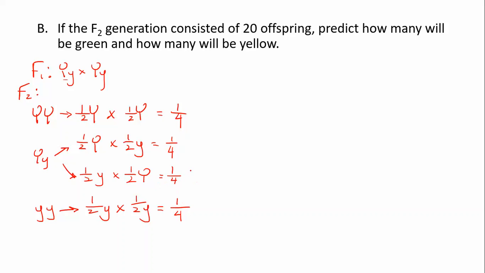Okay? Now, the probability of getting heterozygous, either way, is basically the sum of both of those. So 1/4 plus 1/4 is 2/4. And I'm not simplifying that to a half because it's going to make our math easier later.